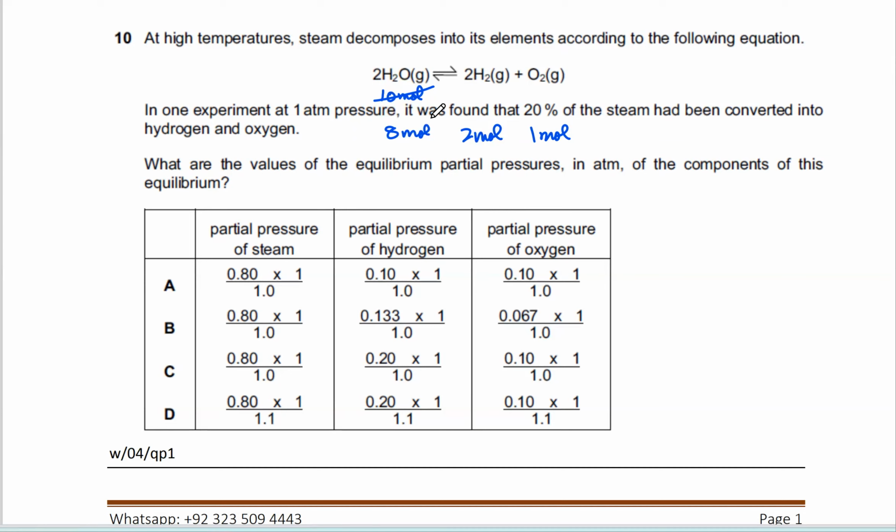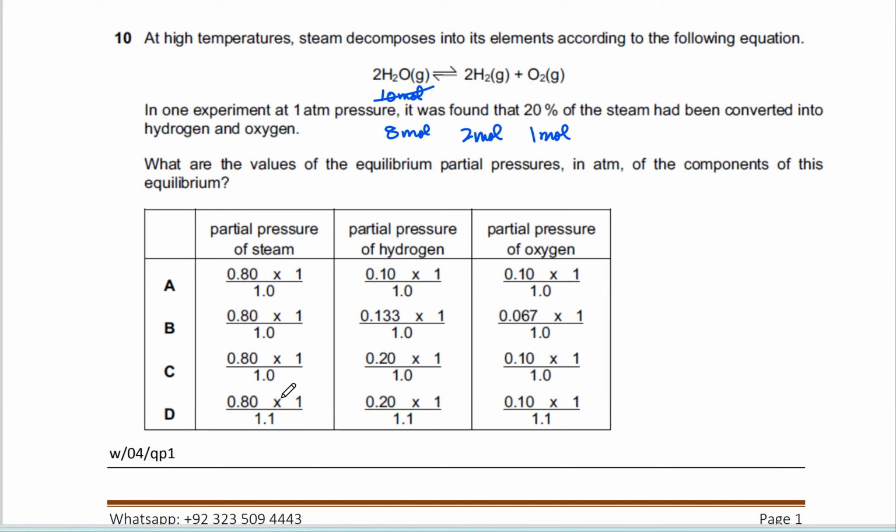So your Kp value would be, its partial pressure would be 8 divided by 11. 11 is the total, so it's going to be 8 divided by 11 times 1 atmosphere, that's the total pressure.